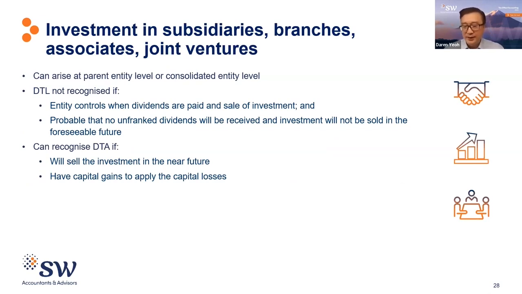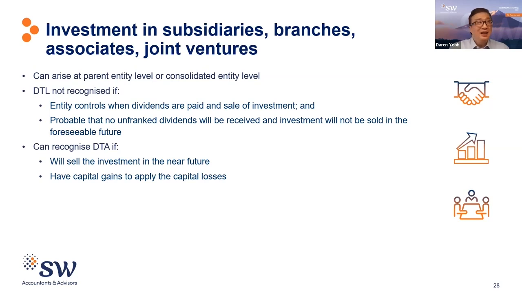So the next one is investment in subsidiaries, branches, associates, and joint ventures. Temporary differences can arise at the consolidation level or at the parent entity accounts level. The exception says that you do not need to recognize a deferred tax liability for the associate or for the subsidiary if the carrying amount differs from the tax base, if you can show that you control the dividend policies of the investee, and you control when you choose to dispose of that investment.